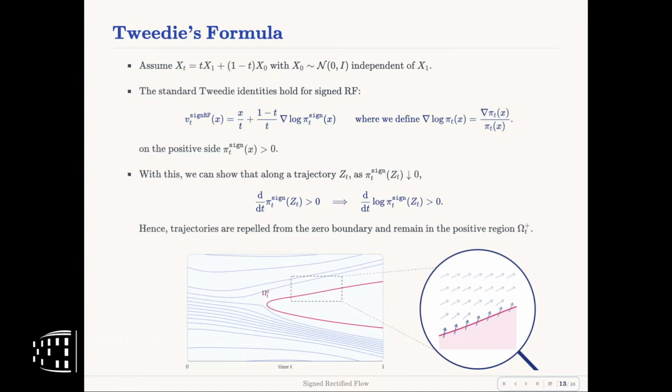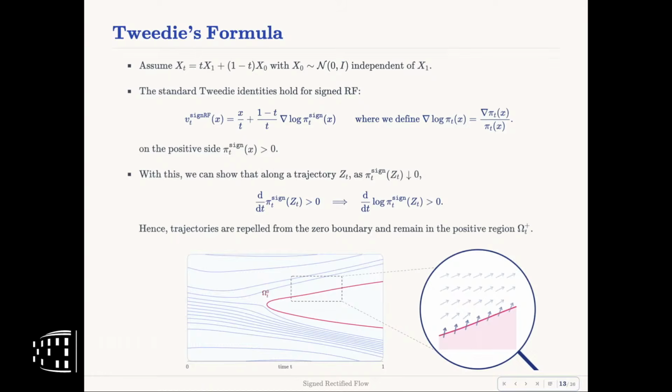Then you formally get exactly the same Tweedie's formula for the signed measure, and you just need to redefine the derivative of log pi to be the derivative of pi divided by pi. So this holds for both positive and negative values. It's only singular on the boundary, right?